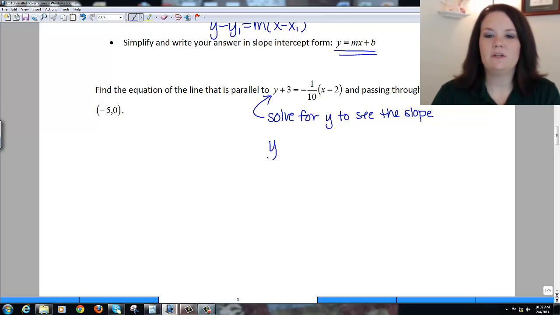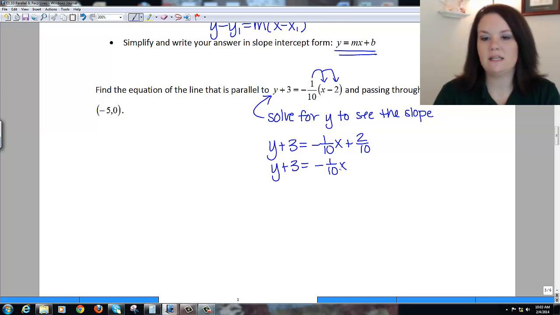So I'm going to do y plus 3 is equal to, now I'm going to distribute this -1/10 as I'm writing it. So -1/10 times x is -1/10 x. -1/10 times -2 is +2/10, and then that reduces, right? So I have y plus 3 is equal to -1/10 x plus 1/5, and then I need to subtract my 3.